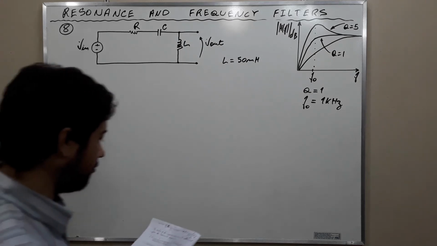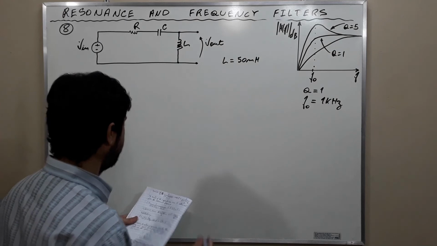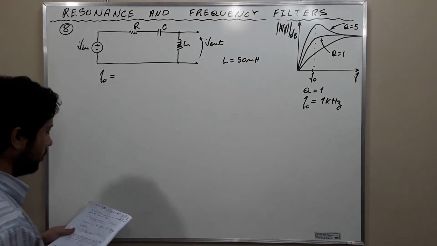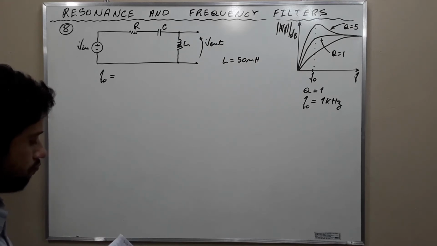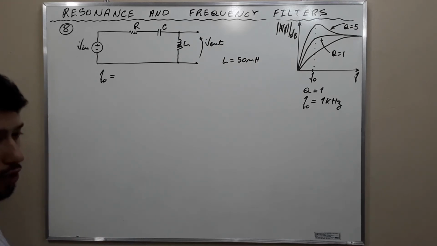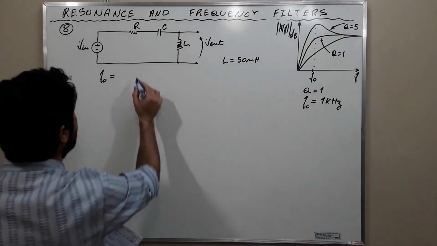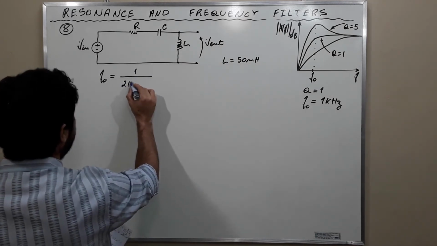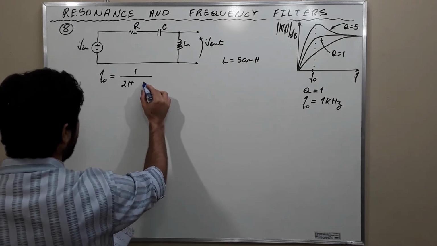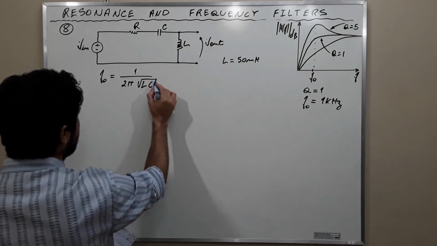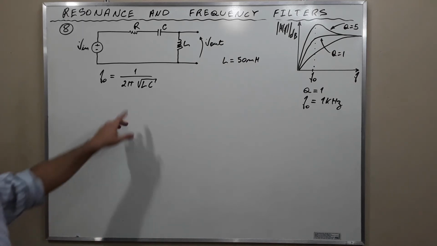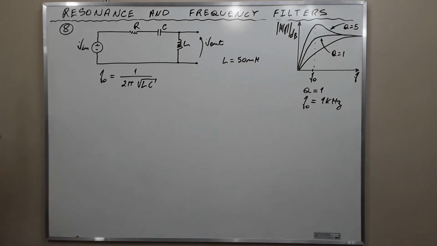And since F0, the new frequency or cutoff frequency, is 1 over 2 times pi times the square root of LC, you may have already learned this in this way.